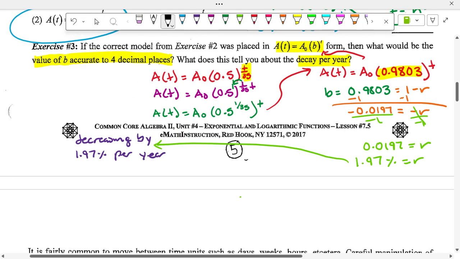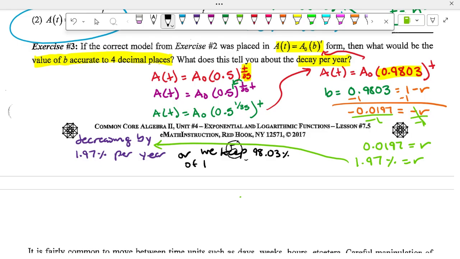The other way you could write it is based off of the growth factor, or we keep 98.03% of the material each year. So we lose 1.97% per year, but we keep 98.03% of it a year.